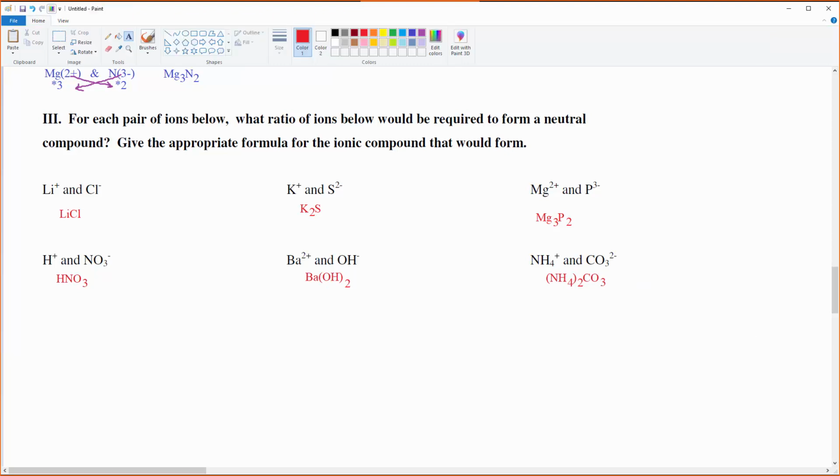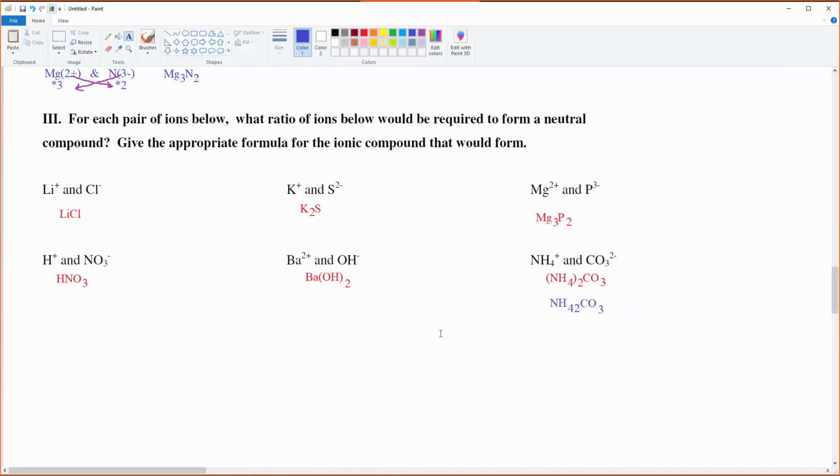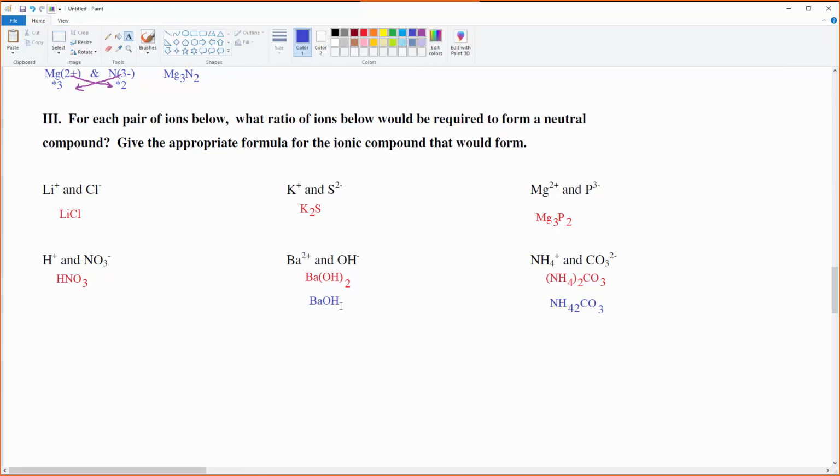Okay, so Nicole, how did you know that you needed to use parentheses on these last 2 questions? On some of these, the formula will look really funny if you don't, right? Like if you didn't, you'd end up with NH42, and you'd be like, wait a minute, there's something wrong there. But on some of these, it's not as clear, right? So BaOH2 might not look that weird. Yeah, the reason that we use parentheses is because you needed multiples of an entire polyatomic ion.